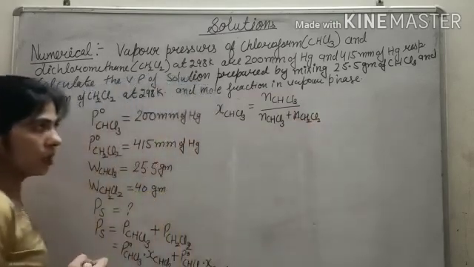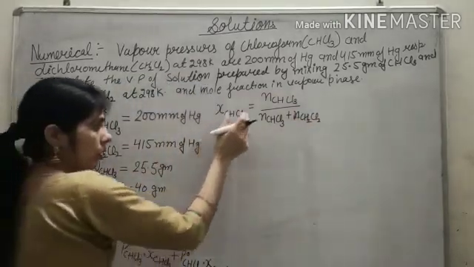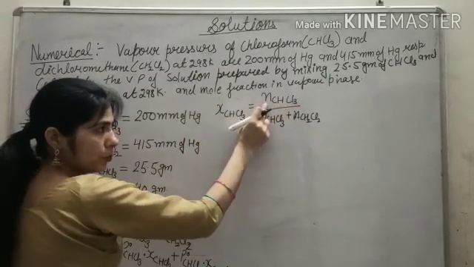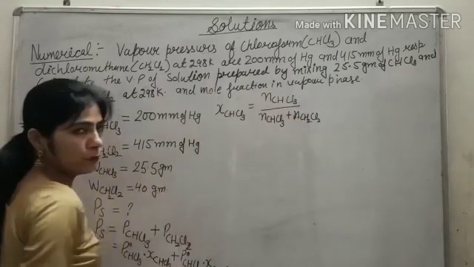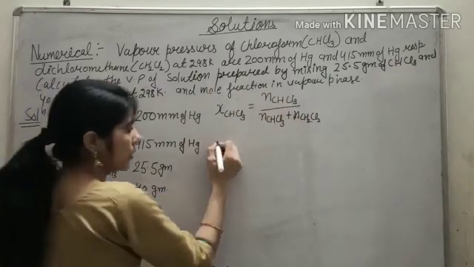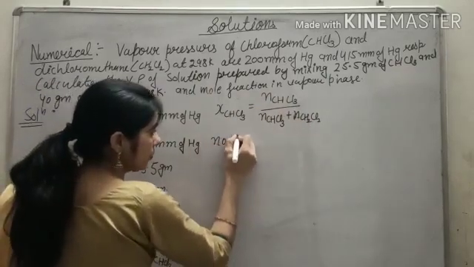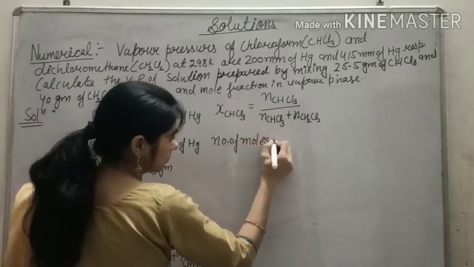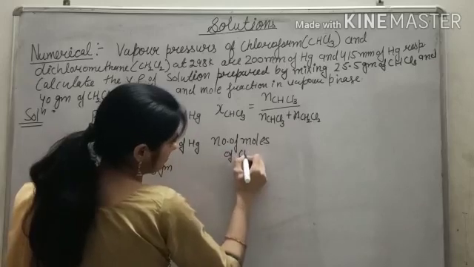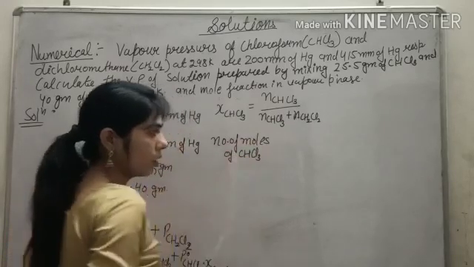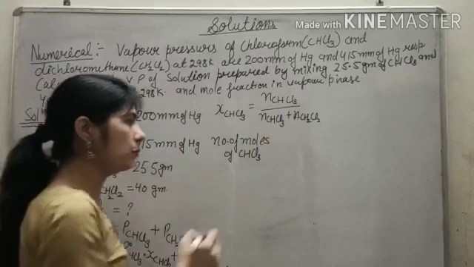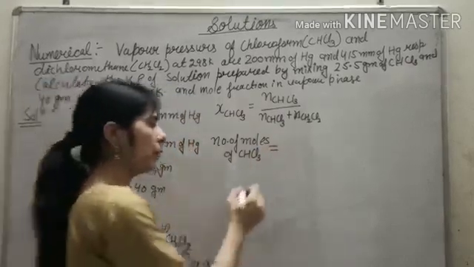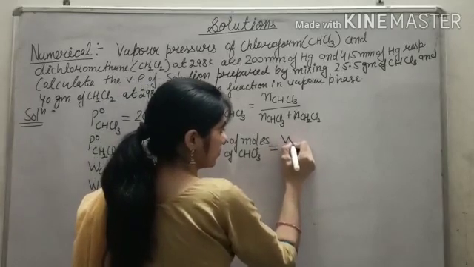Okay students, firstly we have to calculate the number of moles of chloroform and the number of moles of dichloromethane. As you know, the number of moles of any component is equal to the given mass divided by molar mass.